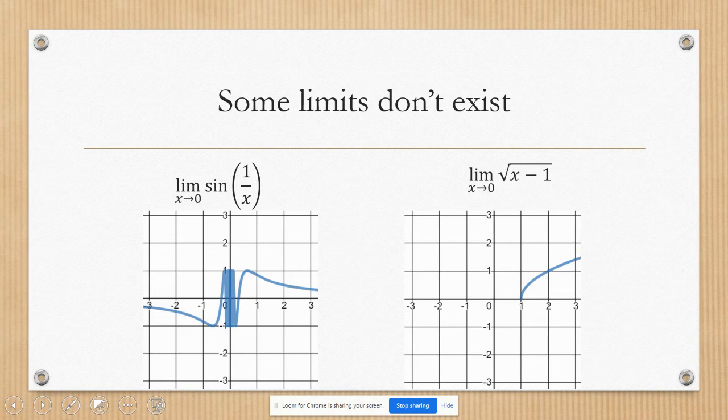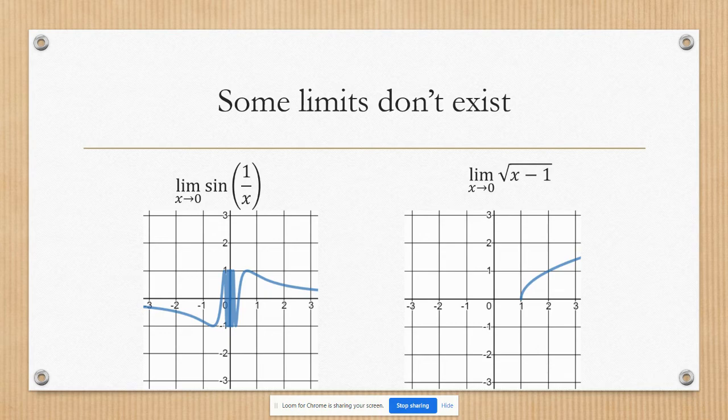Another way that the limits could not exist is something called oscillation. So this is taking sine of 1 over x, but x is getting close to 0, so 1 over x is becoming infinite, and so we've got sine of infinity, and it turns out that the behavior of sine as you get closer and closer to infinity is really erratic, or it's hard to say what the value is for sine.